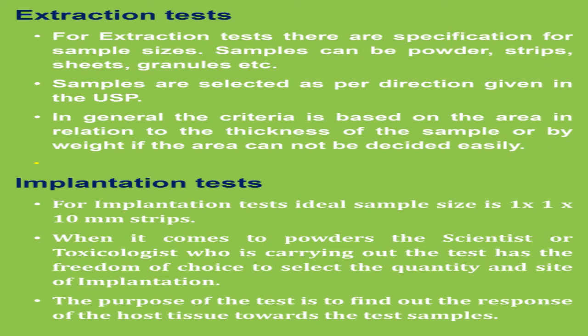In general, the criteria is based on the area of the sample used for extraction, and that is based on the thickness of the sample and the area of the test sample. For implantation test, the ideal sample size is 1 into 1 into 10 mm.